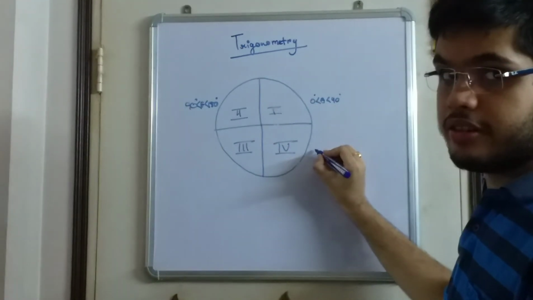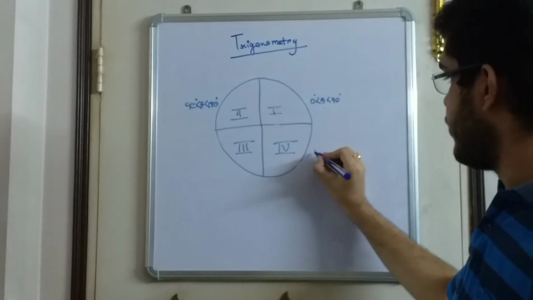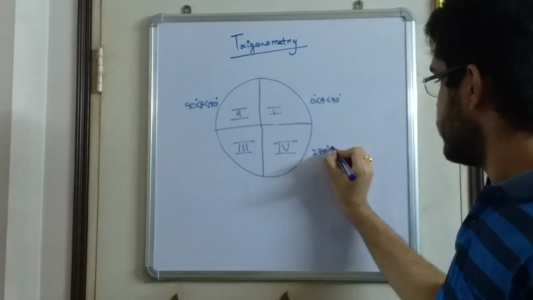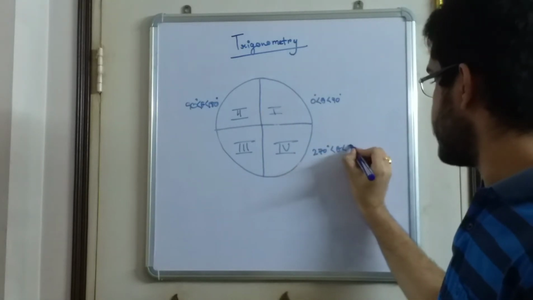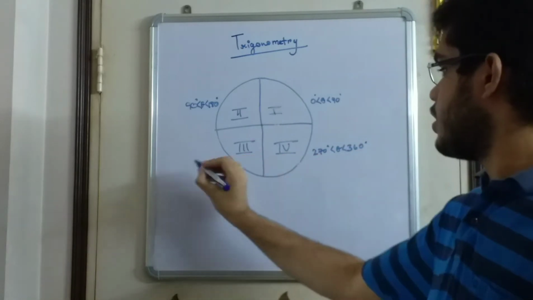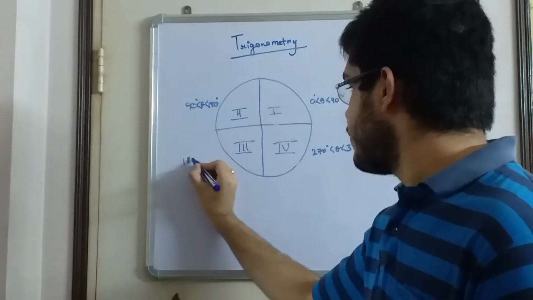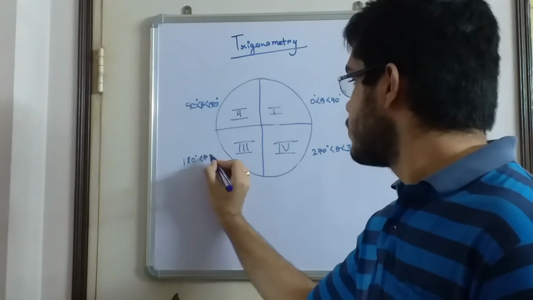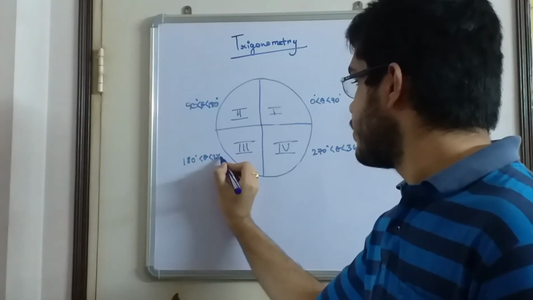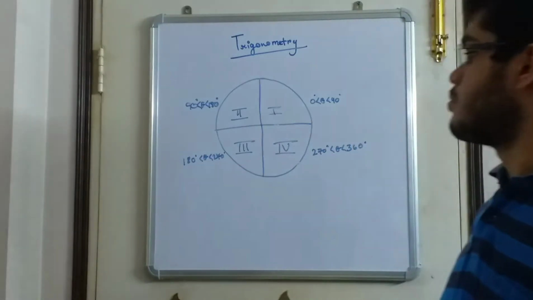For the fourth quadrant the angle will vary between 270 and 360, and for the third quadrant it will vary between 180 and 270.